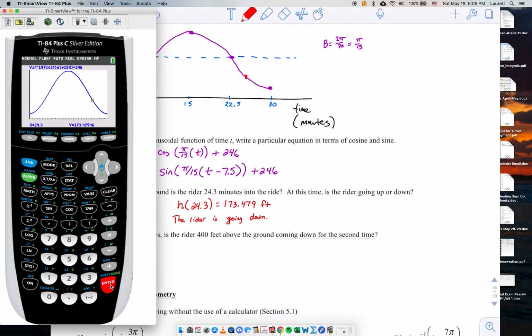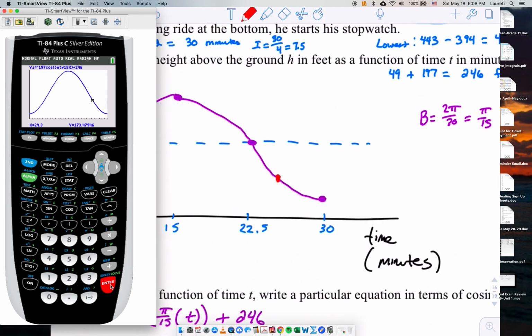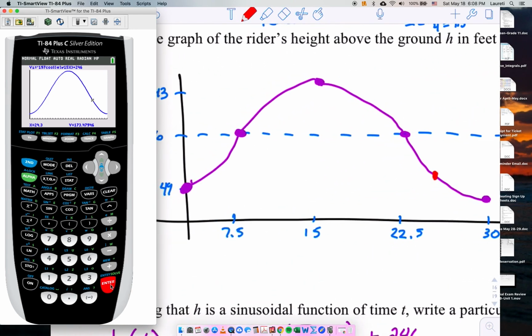At what time in minutes is the rider 400 feet above the ground coming down for the second time? Okay, so based off of the graph that we already drew, 400 feet for the first time is going to be roughly about here, right? So we want to know when that's going to occur the second time.